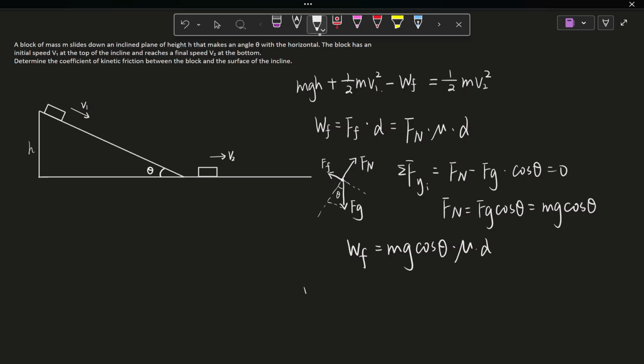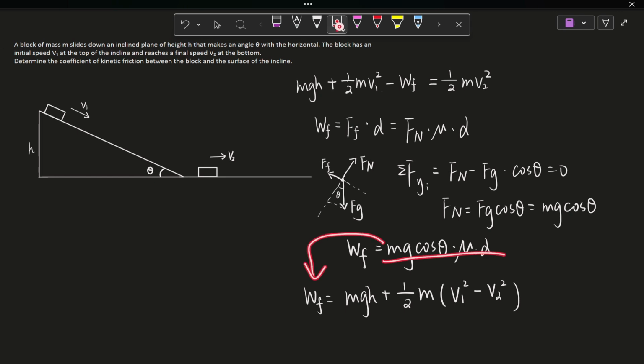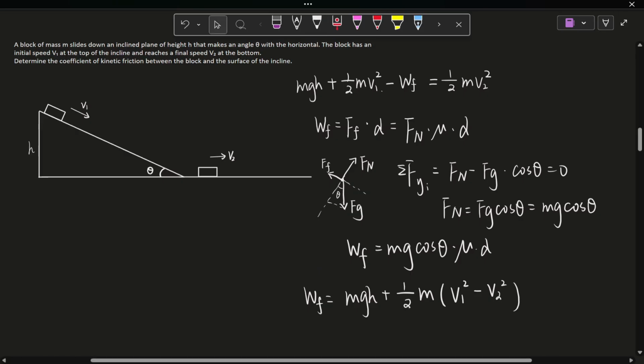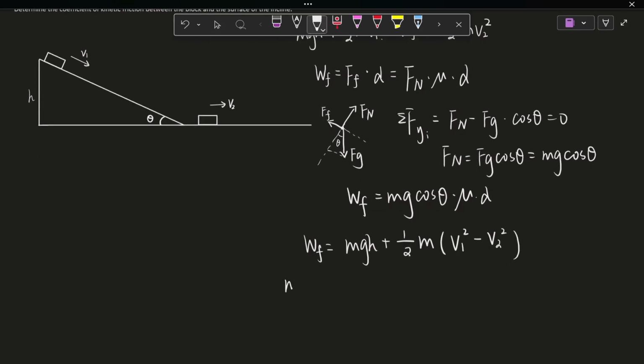And then after we simplify, we'll get Wf is equal to mgh plus 1 half m times v1 squared minus v2 squared. And then let's plug this back here. So now it will be mg cosine theta times mu times d.